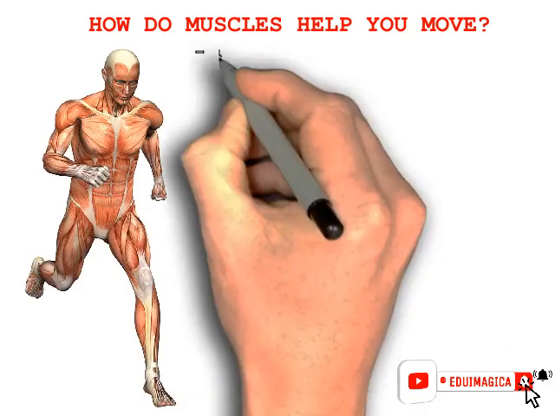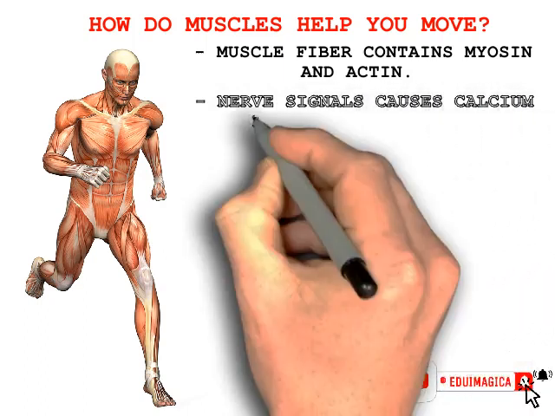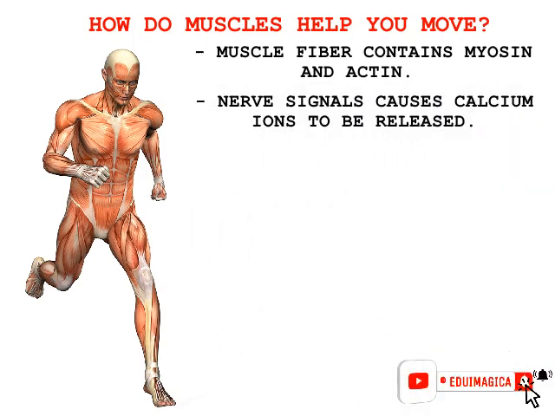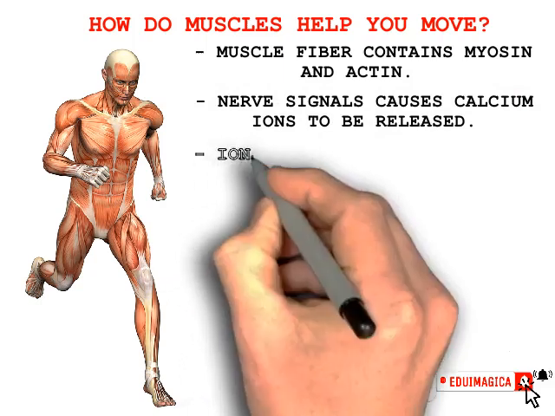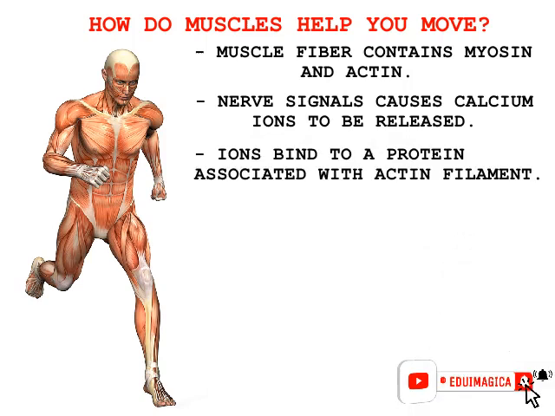So how exactly do the skeletal muscles contract, resulting in movement of the bone? Well, skeletal muscle fibers contain thick filaments of myosin alternating with thin filaments of actin. A nerve signal to the muscle causes calcium ions to be released. These ions bind to protein associated with the actin filament, exposing the active sites.